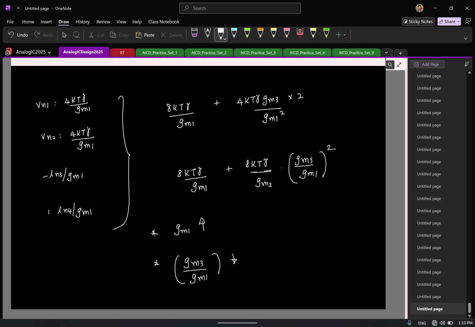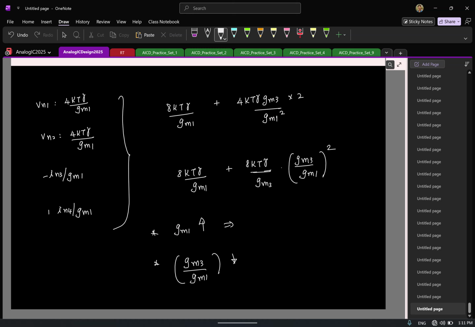So if I'm increasing GM1, do you think my power consumption is increasing or reducing? If I'm increasing GM, power is increasing or reducing? Increases. Is that okay? Confident?